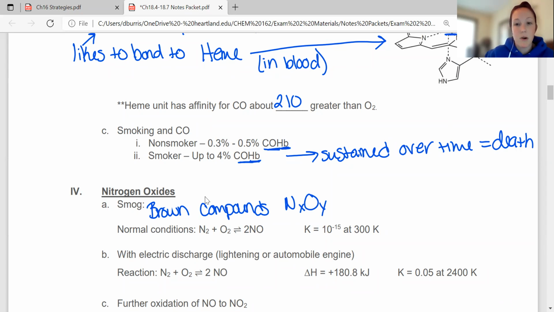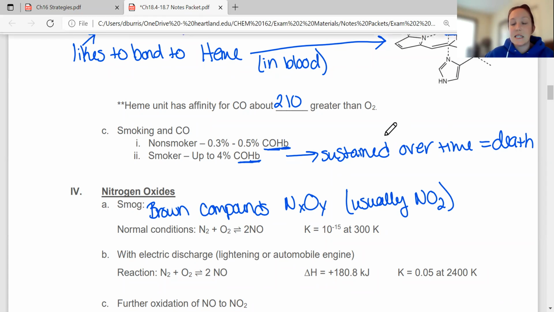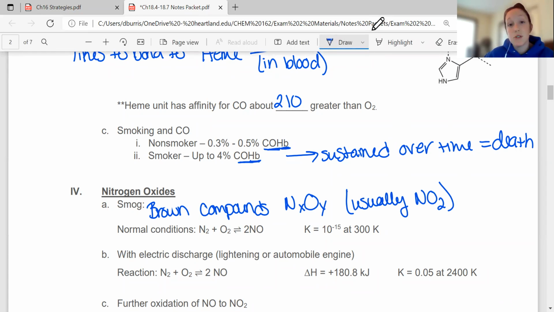There are multiple numbers. Usually the one that's brown and causes the air to go brown is nitrogen dioxide, but it can be NO, it can be N2O4. They all exist in an equilibrium and cause a multitude of problems. So that's what smog is.